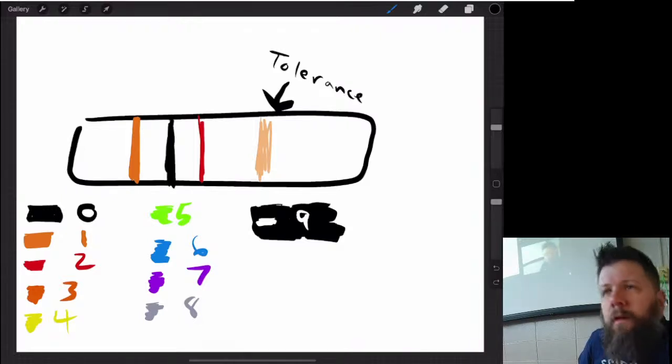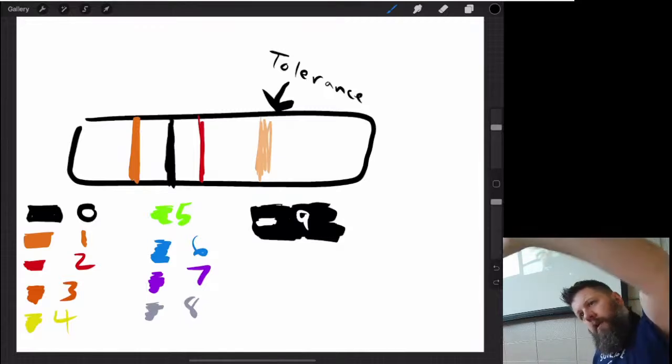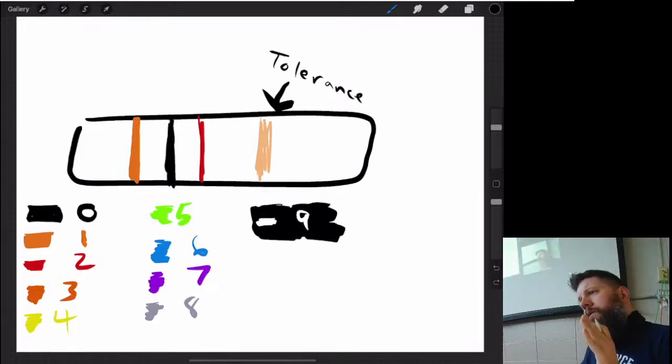All right. So now ignore the tolerance band for right now. The next to the last thing is going to be a multiplier. So in a four band, the third band is a multiplier.